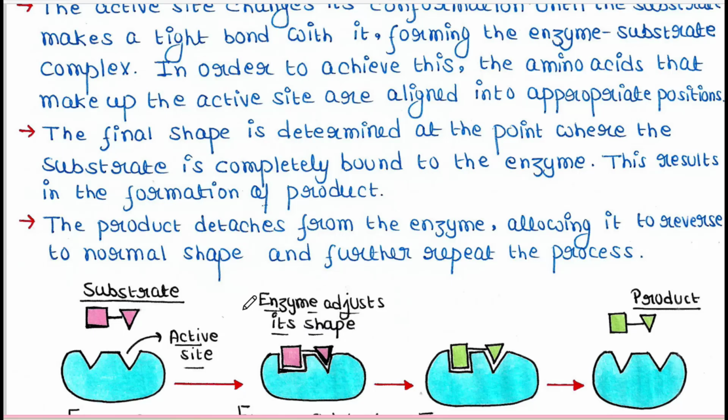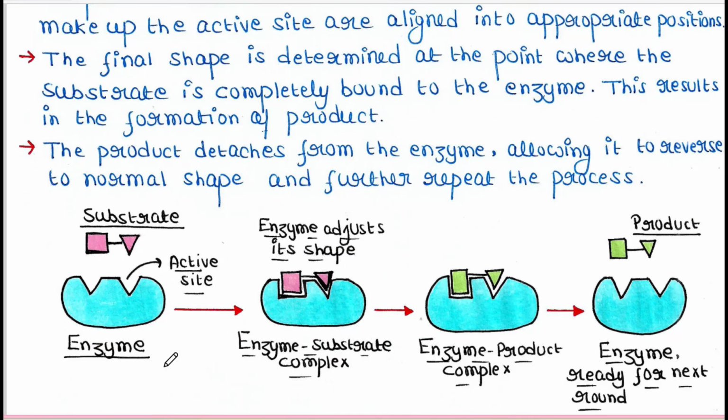So, at first there is a loose interaction between the substrate and the enzyme. Later, the amino acids of the active site of the enzyme are aligned in a way that provides a tight interaction between enzyme and substrate.